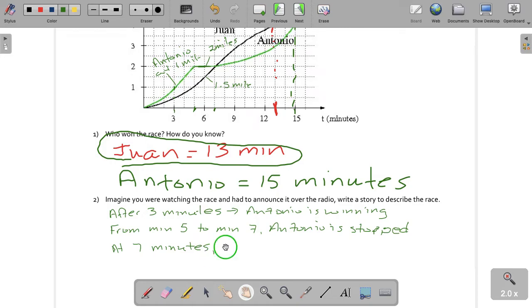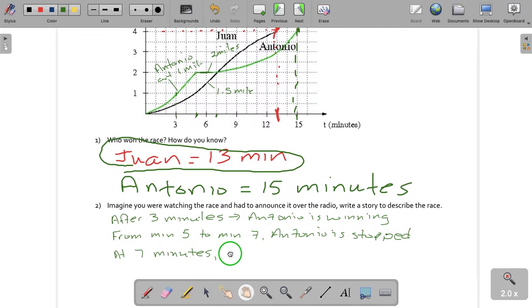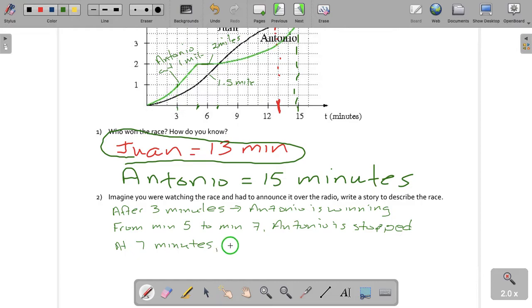So at 7 minutes, Juan, whoops, go back to my pen here. Okay, so at this point, Juan is farther, and Juan ultimately wins the race.